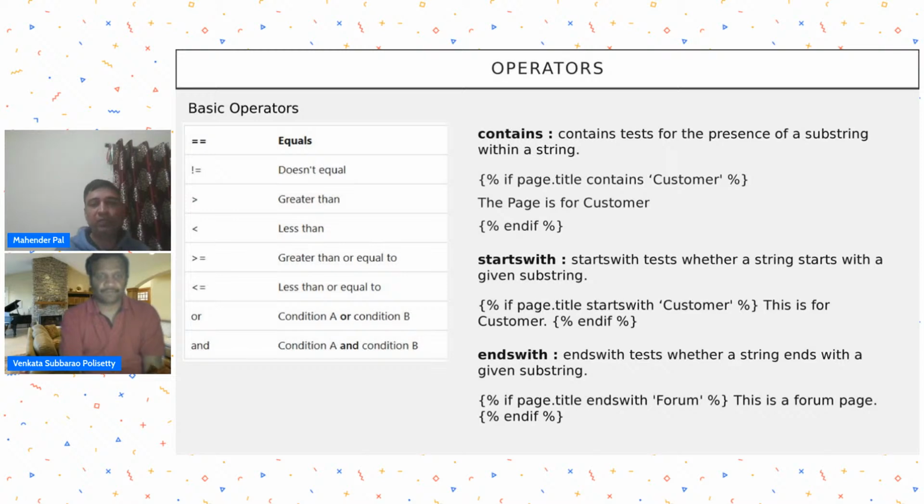When you are working on a page and you want to dynamically check something based on the page title, you may want to display something on the header or the top of the page. It may be some different information, depending on your requirement. So there can be different use cases where we can use these operators to perform that logic.